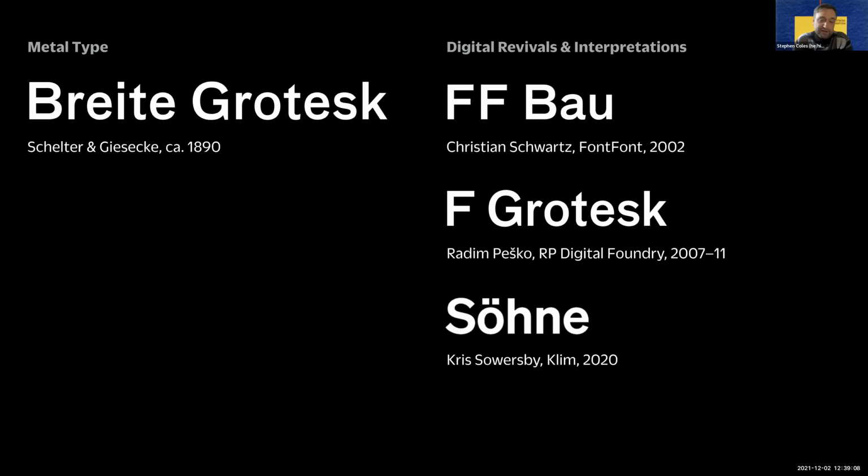And also check out Clem's website, where there's some really great in-depth historical information written by him and Dan Reynolds about Accidens Grotesque and these other utilitarian sans serifs that were common at the time.